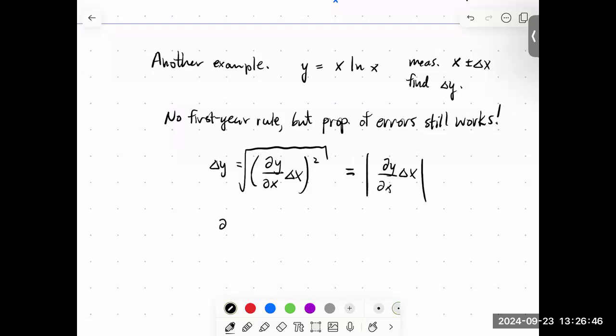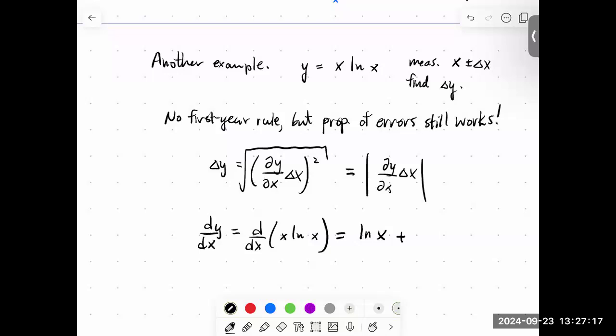Okay, so in fact, because it's a function of one variable, we don't even have to write it as a partial derivative. We can just say dy by dx is going to be d by dx of x ln x. So we have to use product rule. We take the derivative of the x, that's a 1, multiplied by ln x. So the first term is just ln x.